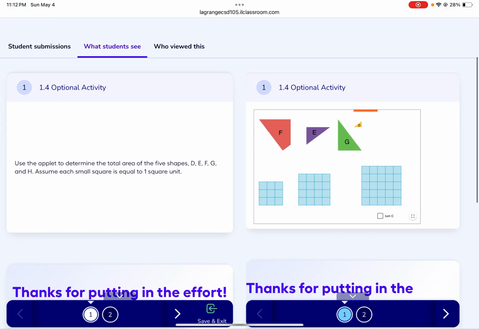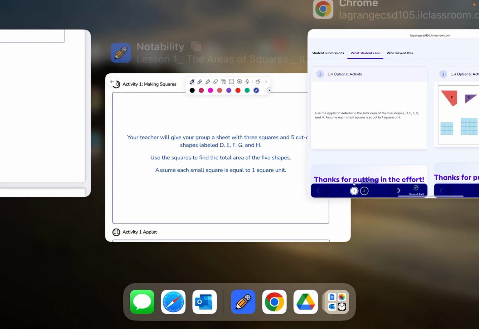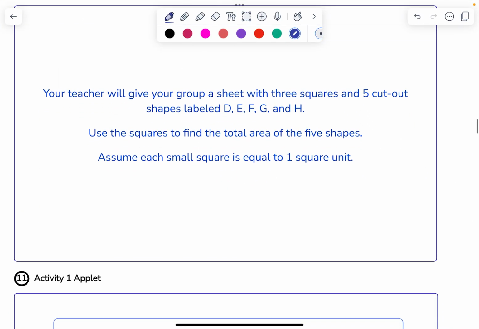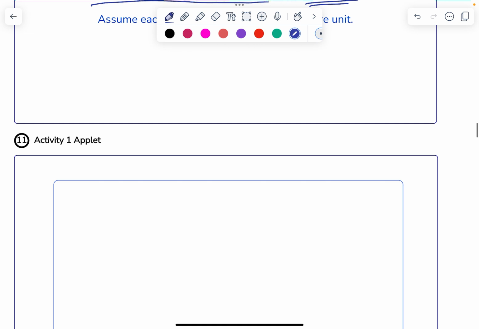There we go. You are going to move around these different shapes and you're going to try to make all 5 of those shapes equal or create one square. After you've done that, you're going to come back here and we're going to answer some questions using those squares to find a total area of the 5 shapes.